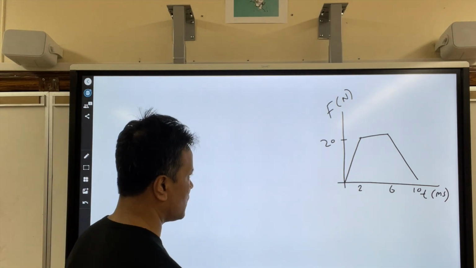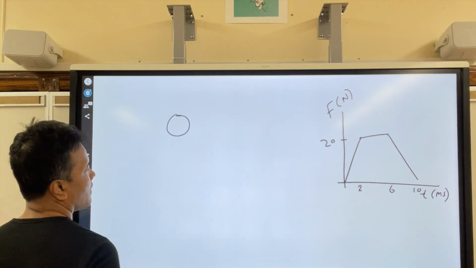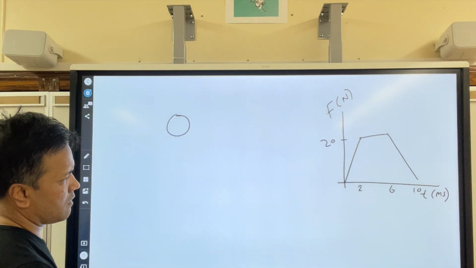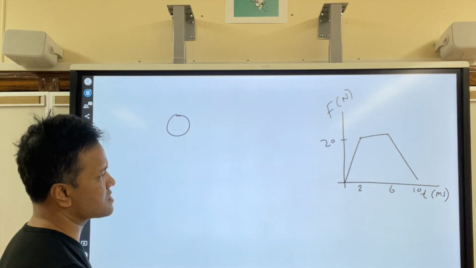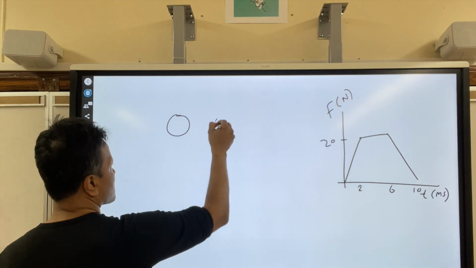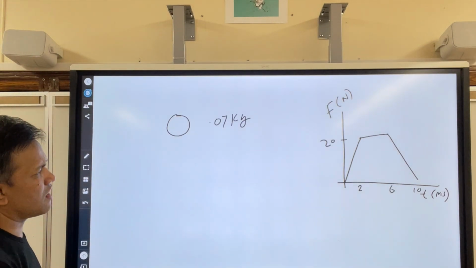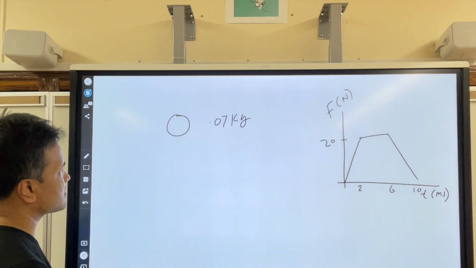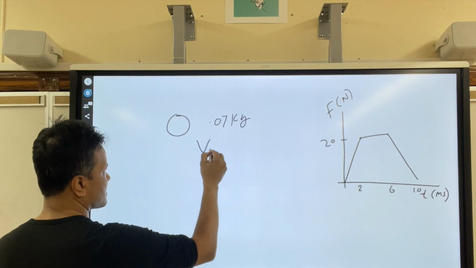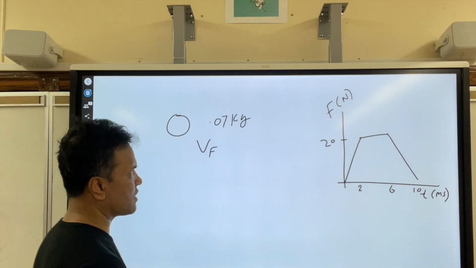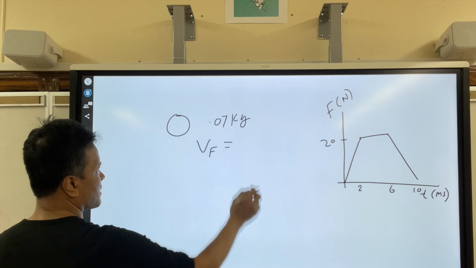What I want you to know, there is an object, which is probably a ball. The mass of the ball is, let's say, 0.07 kilogram. I wanted to find the final velocity of the ball after you apply this impulse on the ball. What would be the final velocity?